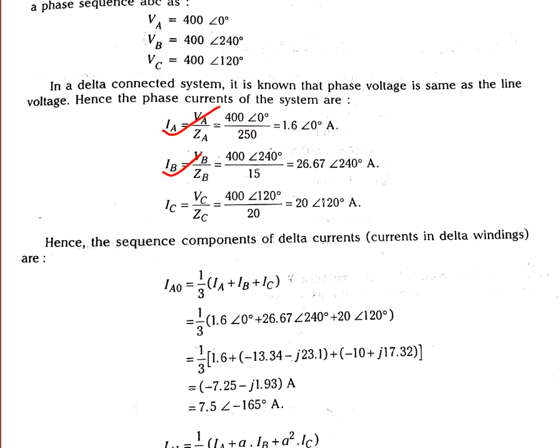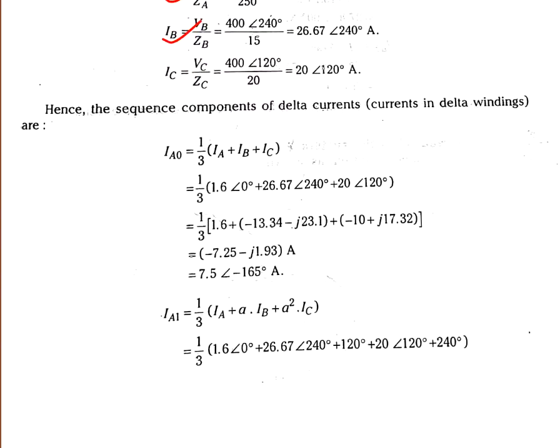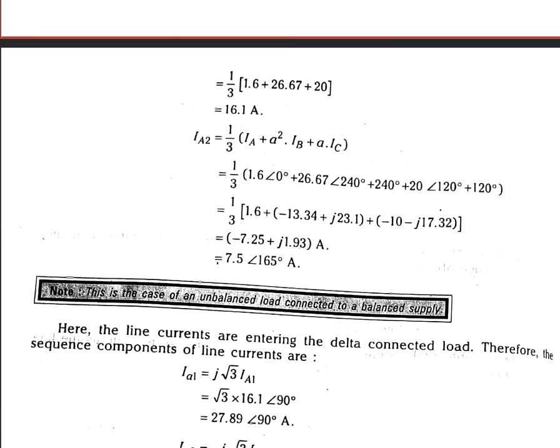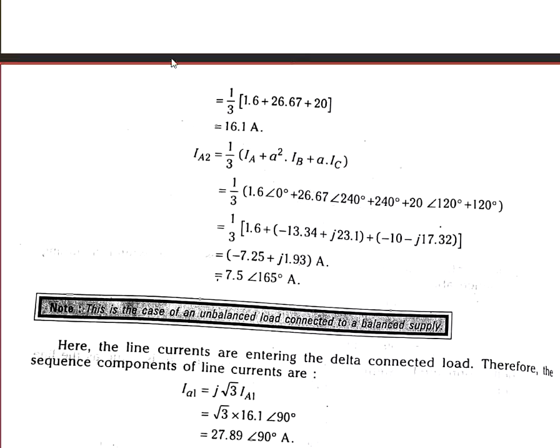So the sequence components of the delta connected system are given as IA0 equals 1 by 3 of IA plus IB plus IC. Similarly, with the formula, you can write IA1 and IA2. So you have got all these in terms of line currents. If you want them in terms of phase currents, the relation between phase current and line current is that line current equals root 3 times phase current.